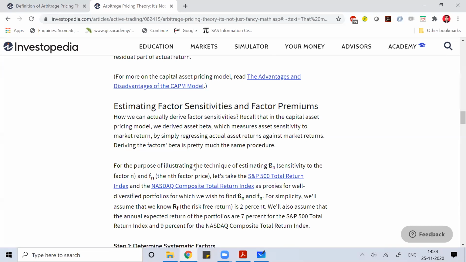As you know, when we were discussing the CAPM model, we calculated the beta of the stock, where the beta of the stock basically measures the sensitiveness of the stock with respect to the market. In the same way here, for each risk, we try to measure the sensitiveness of that risk factor with respect to the market.